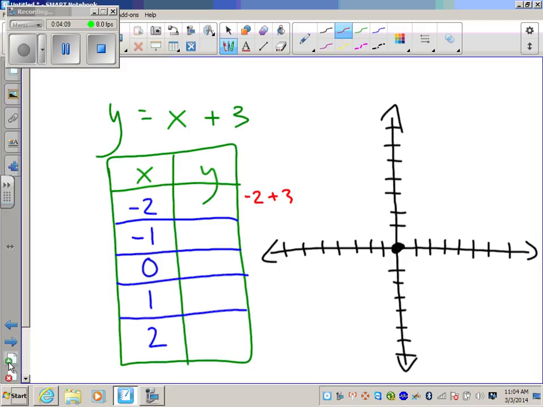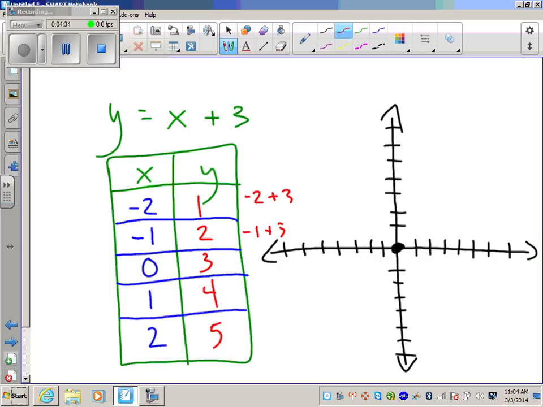Here's -2. 1, 2, 3 puts me at 1. The next one, a -1 plus a 3. So 1, 2, 3 puts me at +2. 0 plus 3, 1 plus 3, 2 plus 3.